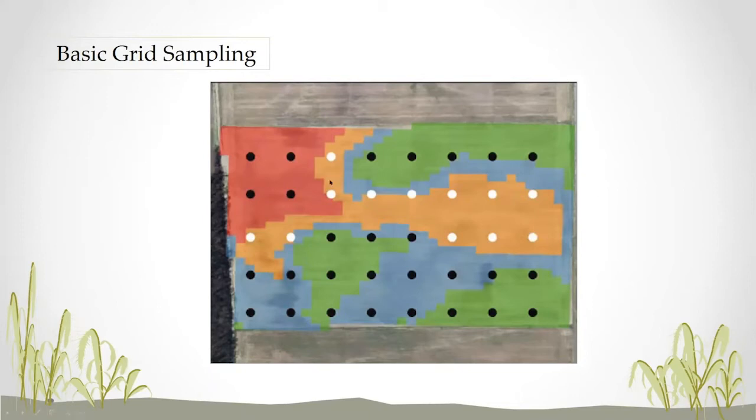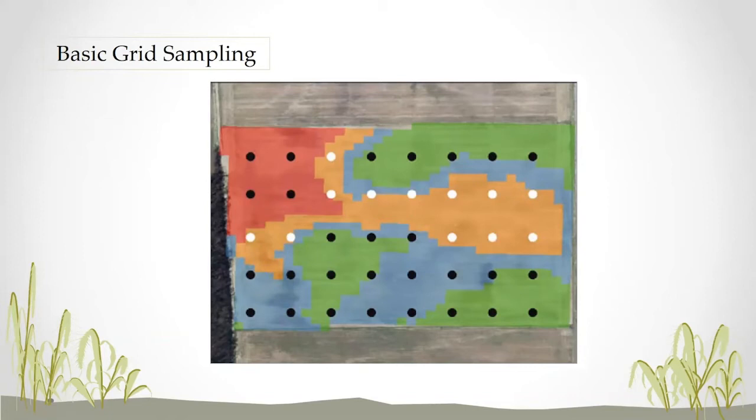In this particular case, the white dots indicate those that were taken in this orange area, and that may be a different soil type or whatever that variability is. That's 30% of the total number of samples, but that orange area only represents about 20% of the overall field.